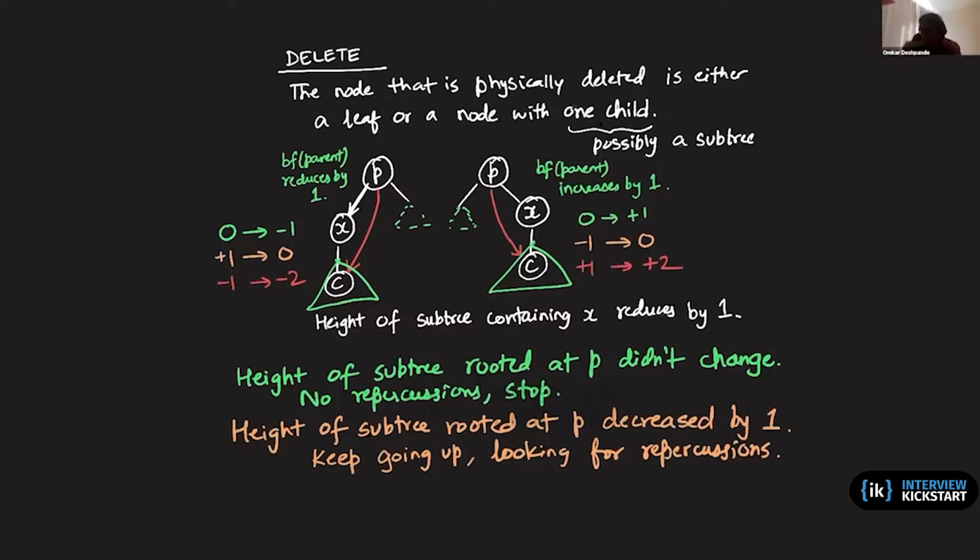Okay, but we know P is the first parent, first ancestor where there is an imbalance. Now, because it could have two arbitrary subtrees on either side, even if the imbalance had not first occurred at the parent, but had occurred at some further ancestor up, we can diagrammatically show them in a general way. Let A be the ancestor where there is a problem that happens the first time.